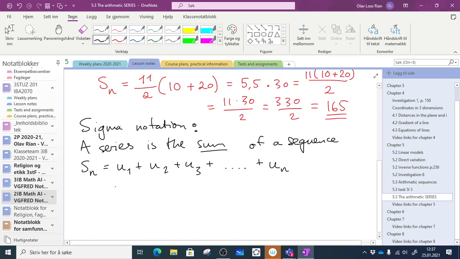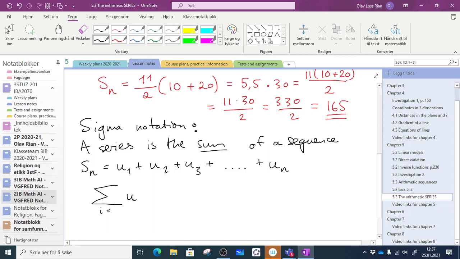Now, sigma notation is used as a shorthand for this. So instead of writing all these plus signs, we use this symbol, and it's a Greek S, and the S stands for sum. So what this means is, okay, we sum up all the u's. And to show how many u's we have, we write an index for the first number.